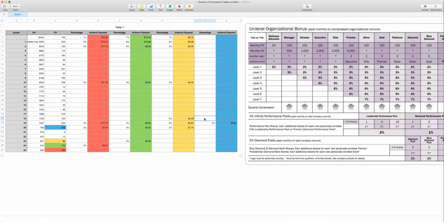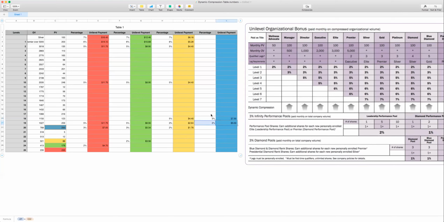All right, and then the next one we're looking for is the 3% payment, again 500 OV, so this person above meets that qualification. So we'll just fill in 3%.